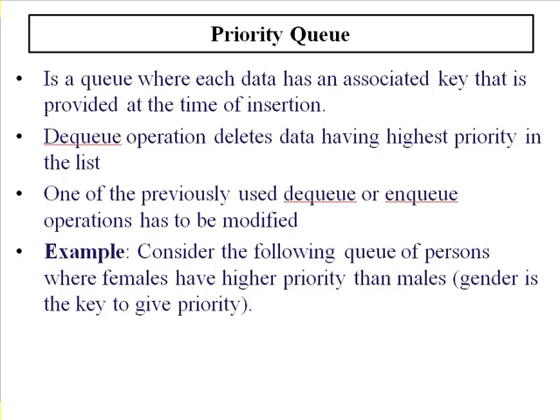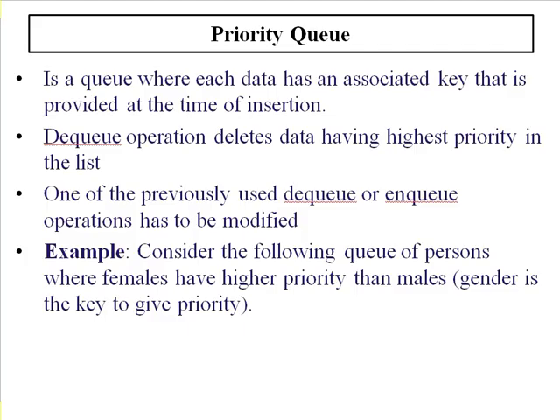So the operations that will be applied on the elements of the queue will be performed based on the priority level. That's why the queue is considered as the priority queue. So the dequeue and the enqueue operations have to be modified because the priority level will be considered when those operations are applied on the elements of the queue.